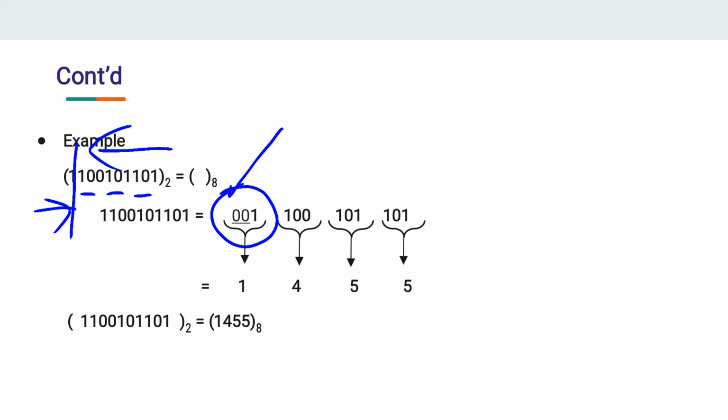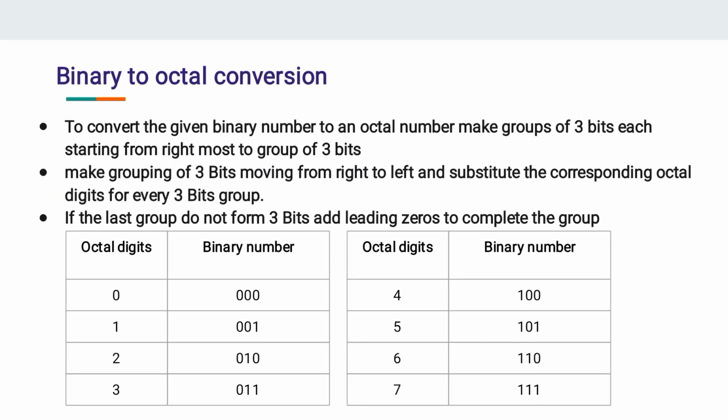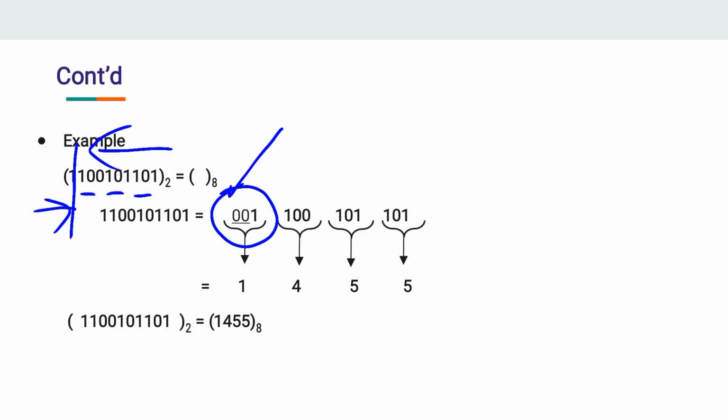So this is the concept. Make a grouping of 3 bits moving from right to left and substitute the corresponding octal digit for every 3-bit group. Clear? When the last group does not form 3 bits, add leading zeros to complete the group. So that is the concept here.